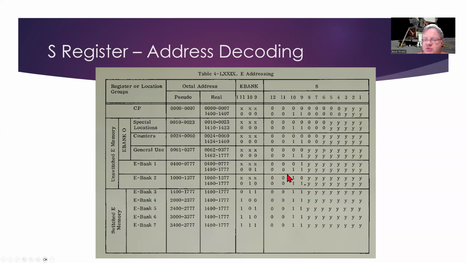But the only times we want to make sure that we're including and generating that composite address is when bits 9 and 10 are in this combination. So if bits 9 and 10 are both 1, then we want to pass along the contents of our EBANK register in order to generate the appropriate address.